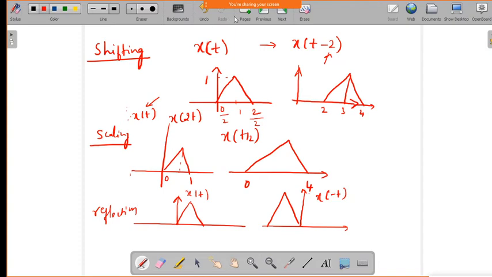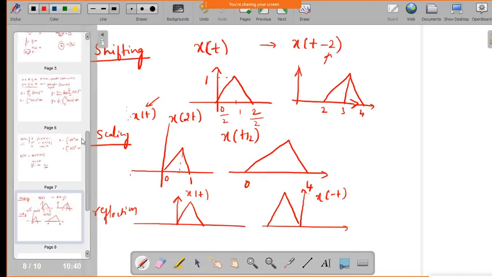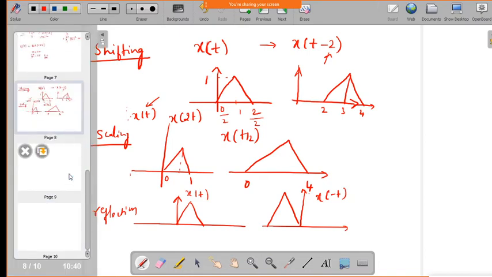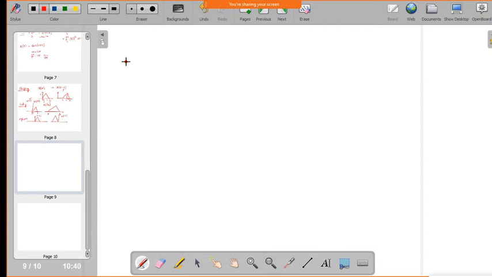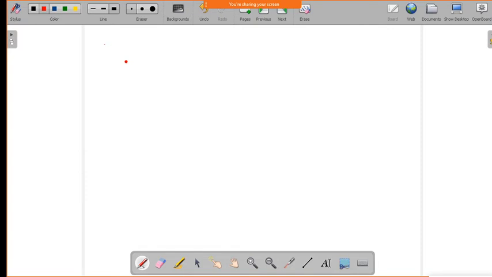Now if I operate all these things on a single signal, what you will get? You will get insight on the operations performed. So now if I take x of t and operate all these at a time, say for example minus 2t plus 3, and x of t is given by this one, 0 to 1.